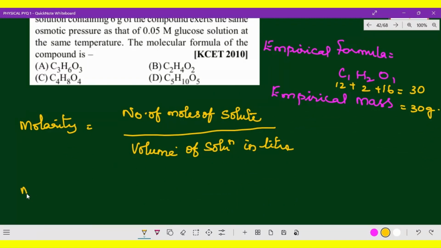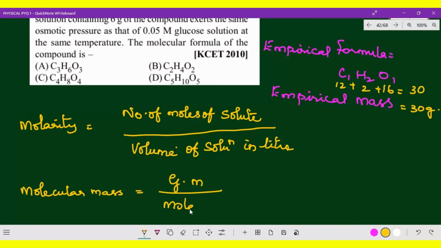So molecular mass equal to given mass by molarity. Because number of moles, it is actually given mass by molecular mass. So I mentioned it is here molecular mass, I just bring it here.